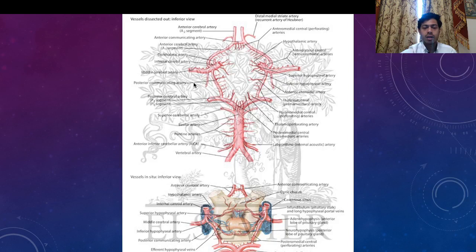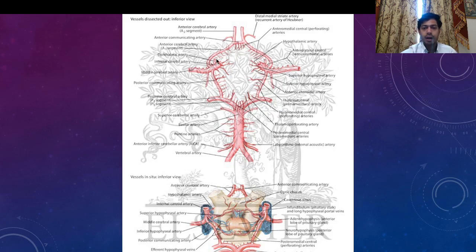So you have the posterior cerebral artery. I think in the next slide you'll see the areas that this posterior cerebral artery will be supplying blood to. And then it's communicating with the middle cerebral artery, the MCA, via a posterior communicating artery. And then if there's a posterior, there's a middle, then there has to be an anterior. So there's an anterior cerebral artery which is communicating with the middle through the anterior communicating artery.